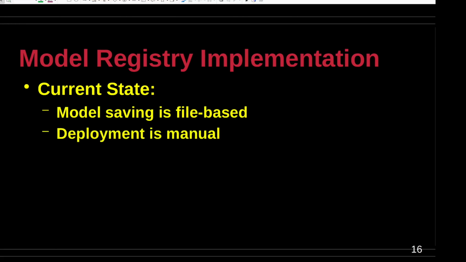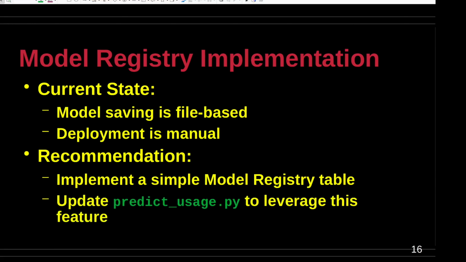Currently, model deployment is manual. We update a model_file_name constant. A model registry table would store metadata and a production status. predict_usage.py would then simply query the database for the active model, decoupling deployment from code changes.